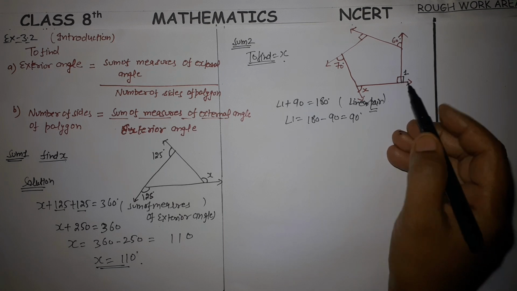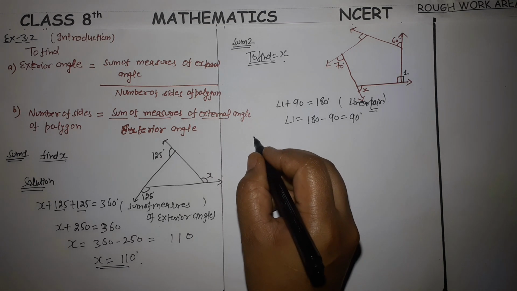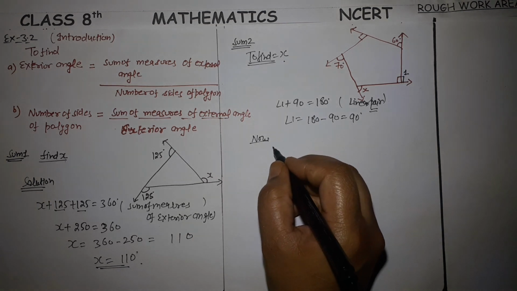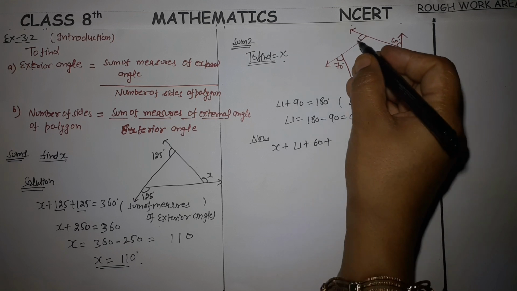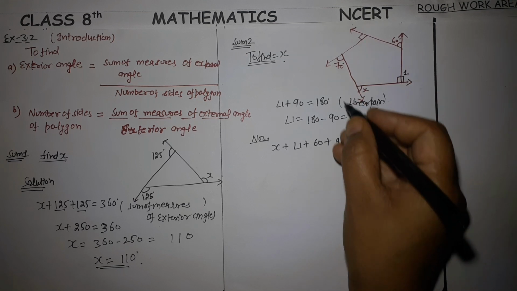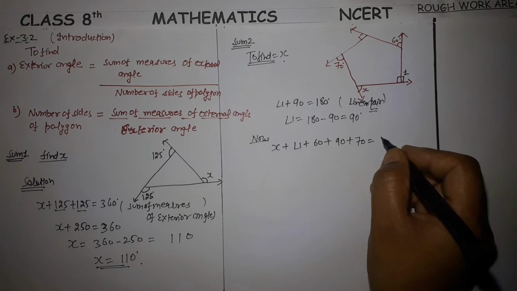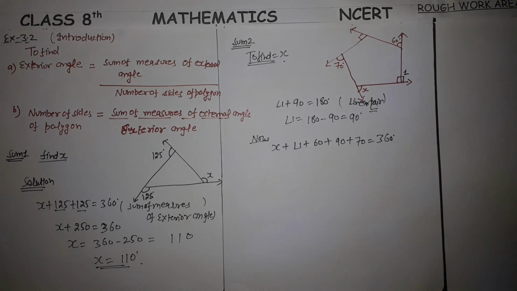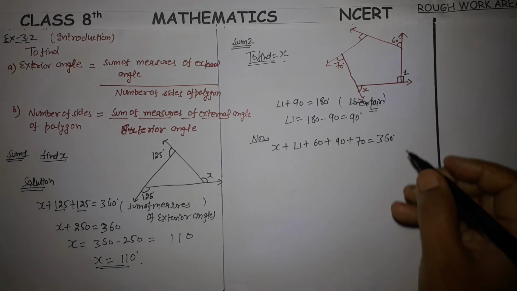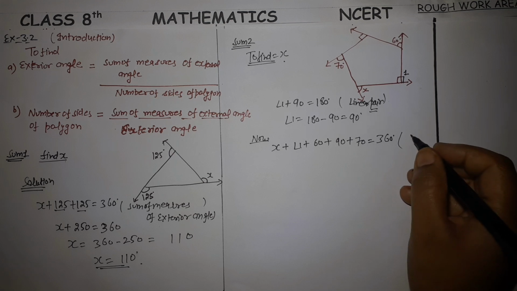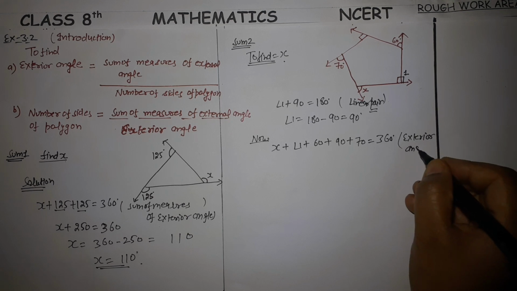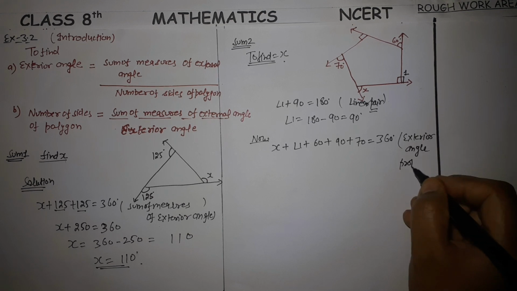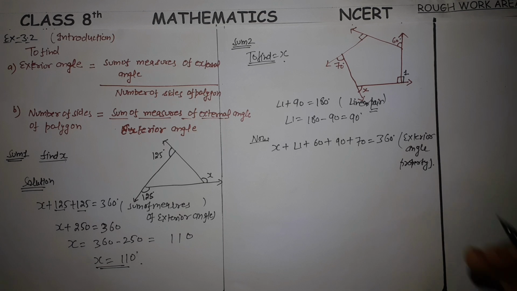Now x plus angle 1 plus 60 plus 90 plus 70 equals 360 degree. Give reason here: exterior angle property.